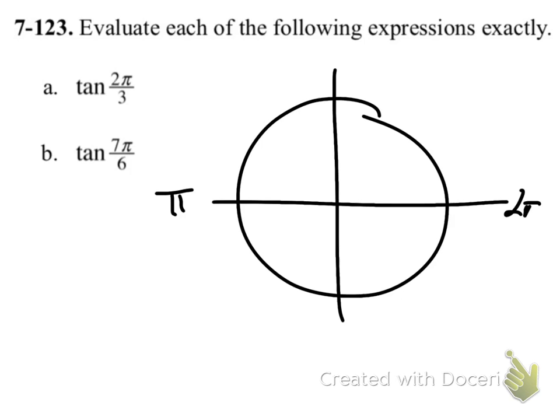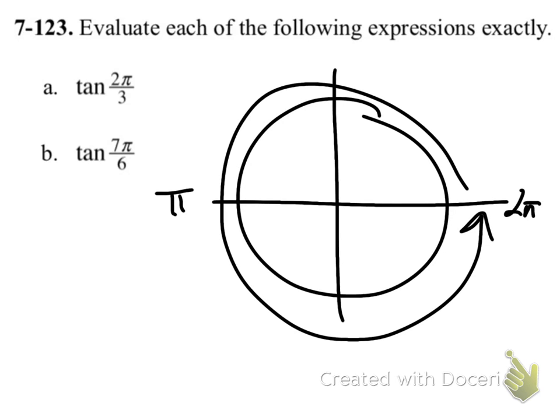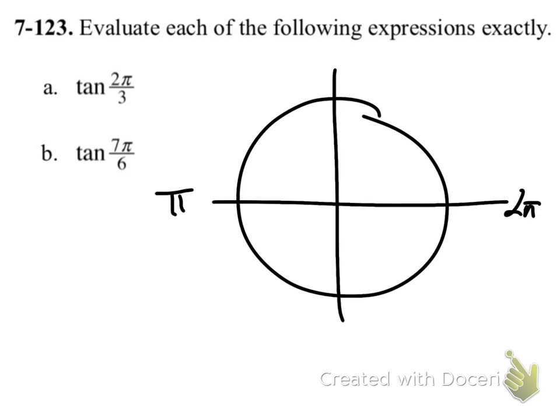This side here is 2 pi. So that angle right there is 1 pi. That angle there all the way around is 2 pi. So 2 pi over 3 then, what I need to do is I'm going to take a look at my reference angle. My reference angle is going to be a pi over 3.